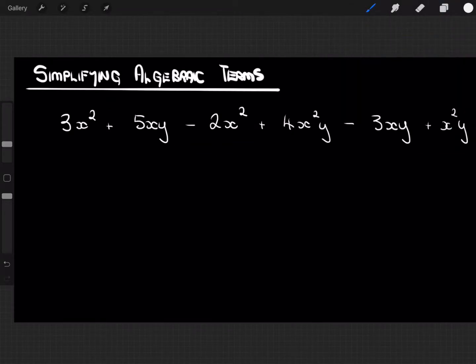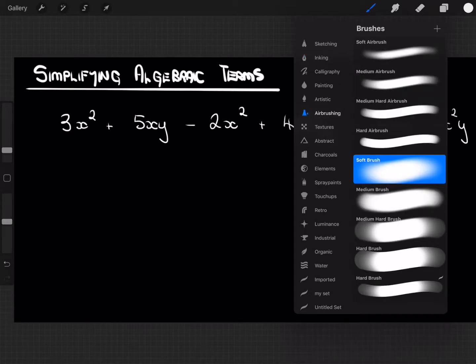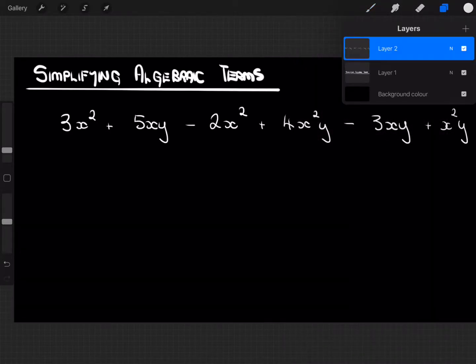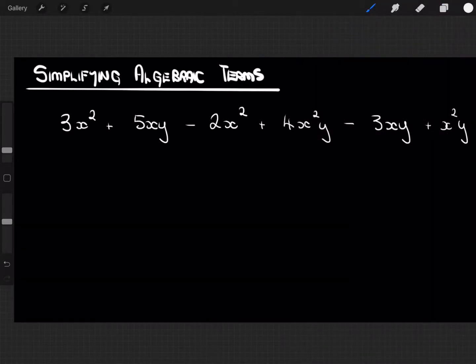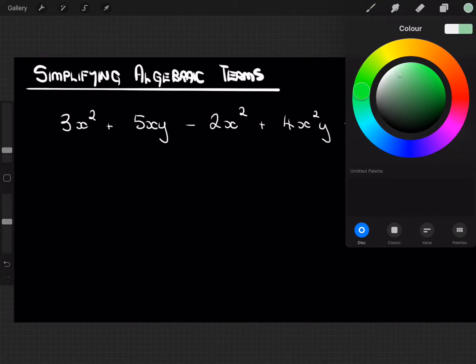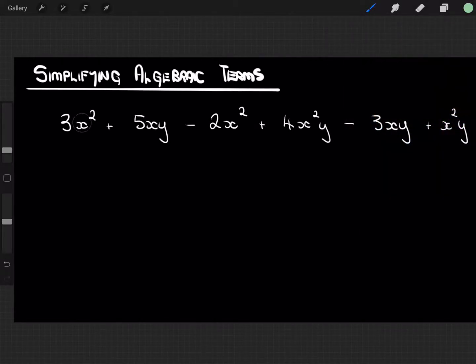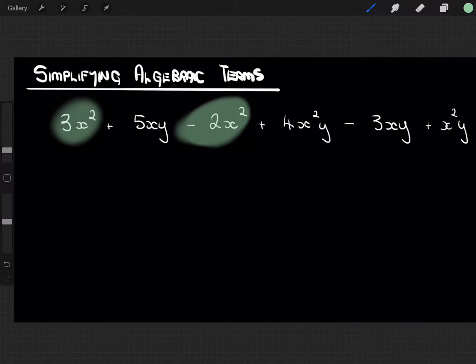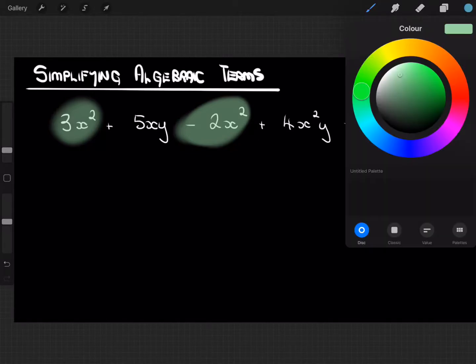If we wanted to simplify this expression, what we need to do is group them into like terms. Now remember, our like terms, we'll just show them again so that we can clearly see them. There's an x squared term here, and there's an x squared term here, and there's no other x squared terms, so they are like terms.